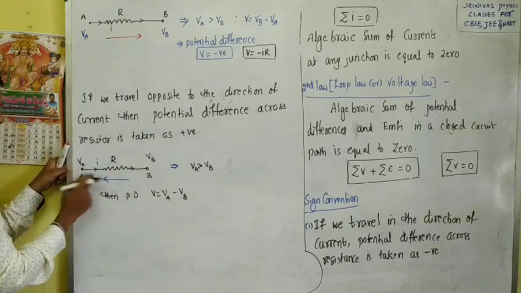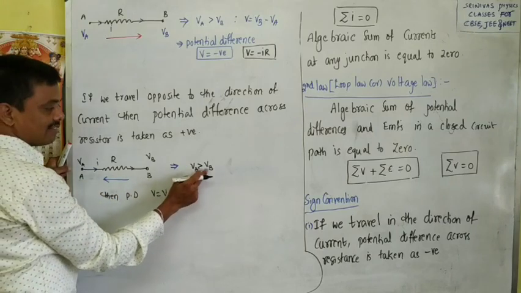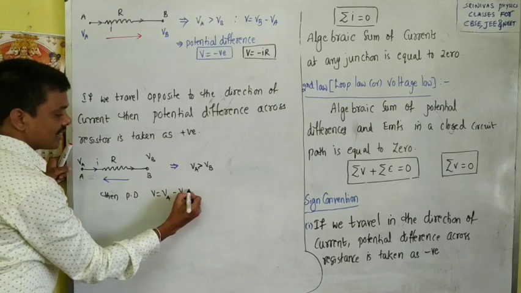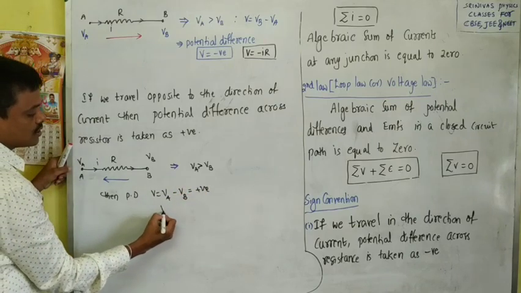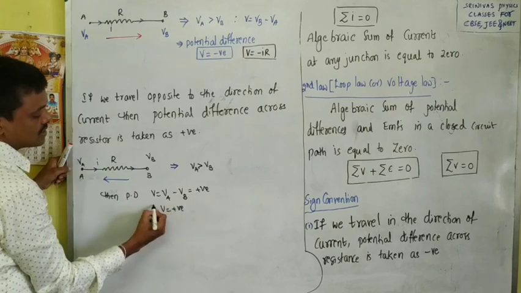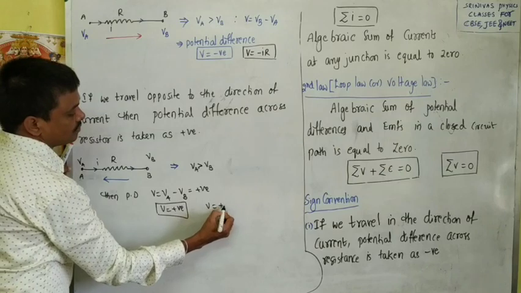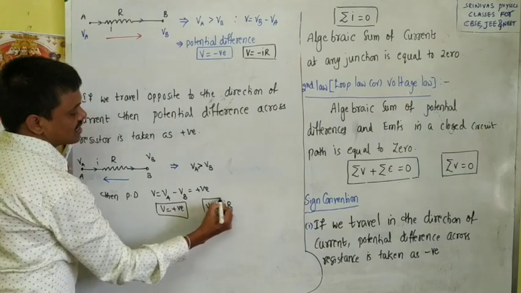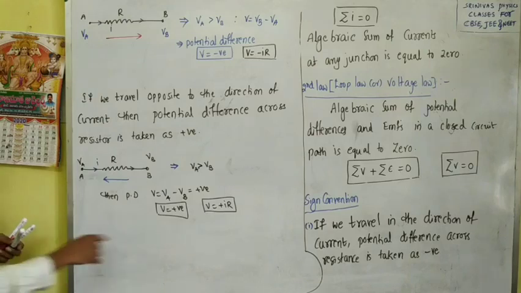We are traveling from B to A, this arrow mark like this, opposite direction of current. Here VA is greater, VB is less. Then we will take as positive, right? Potential difference is positive. We have to take potential difference as positive. That is plus IR, according to Ohm's law, the potential difference is IR.